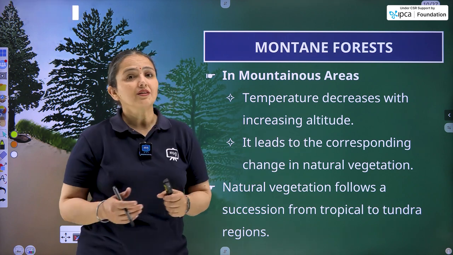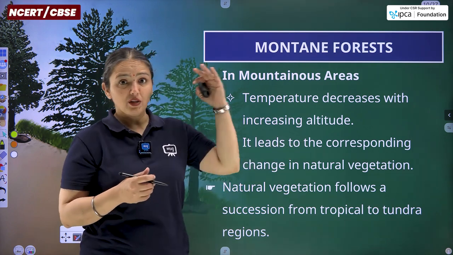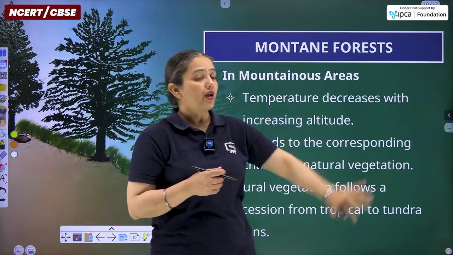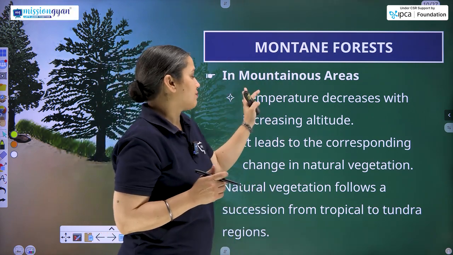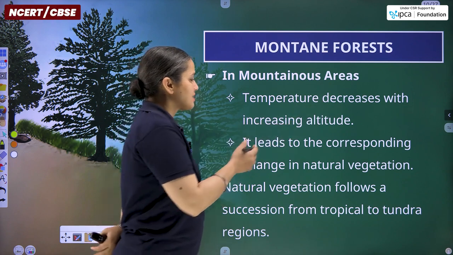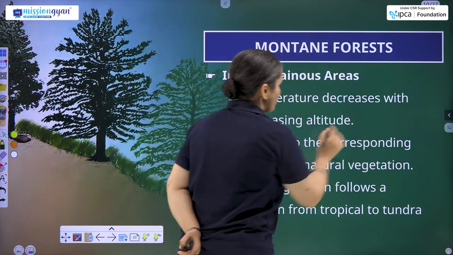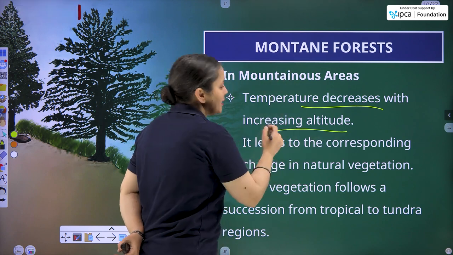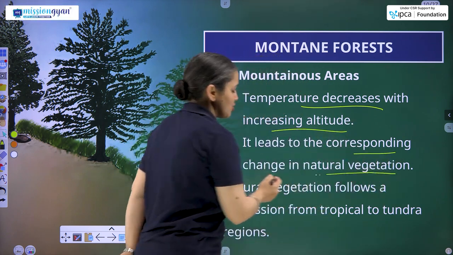Mountain forests are the forests found at higher altitudes, at good heights, and certainly they are found in the mountainous areas. They experience temperature that decreases with the increase in height. This leads to a corresponding change in the natural vegetation.